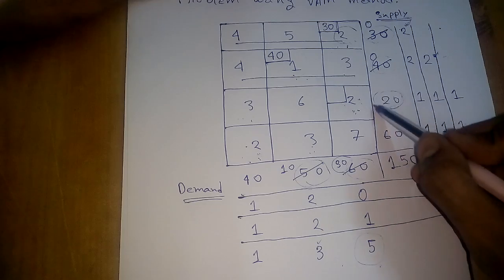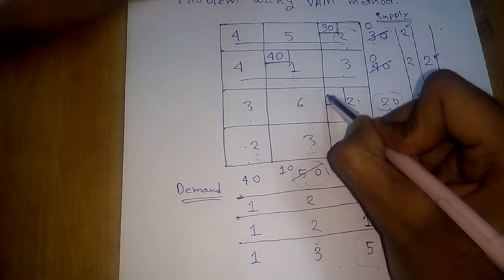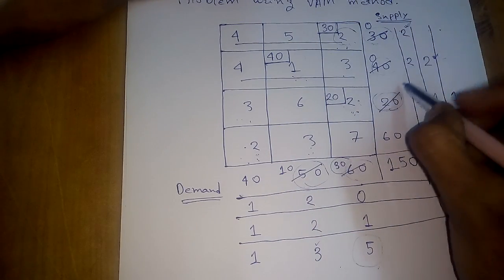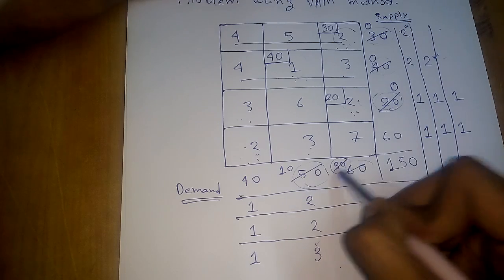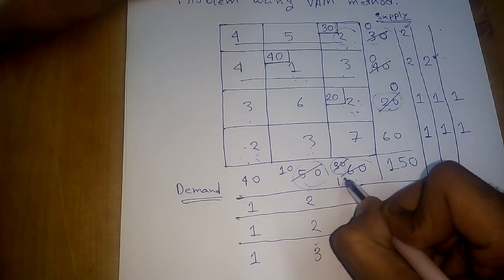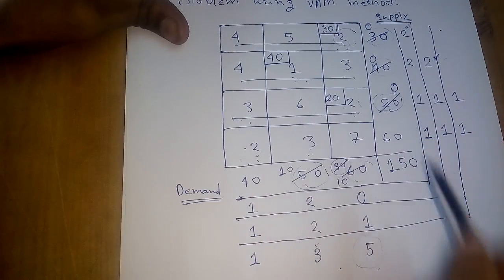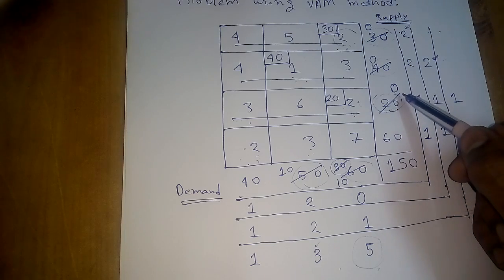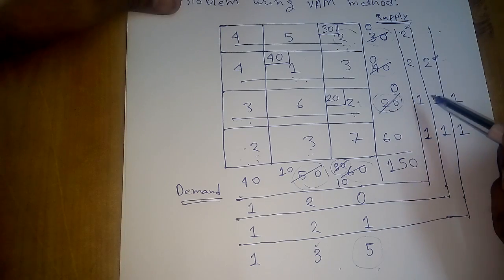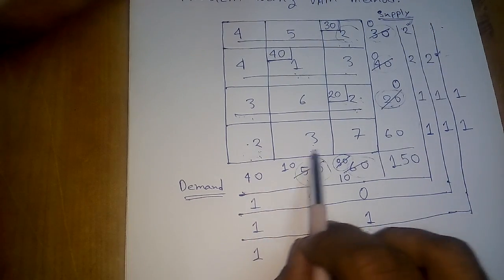The minimum value is 20, which is lesser than 30, so we will write 20 here, and this 20 will get cancelled, the remaining value will be 0, and 30 minus 20 is 10. So we have to cancel this row, as the value of this row is 0. So now we have only one row left here.